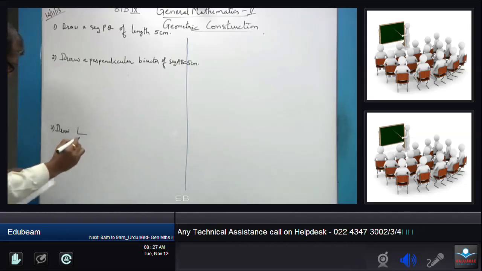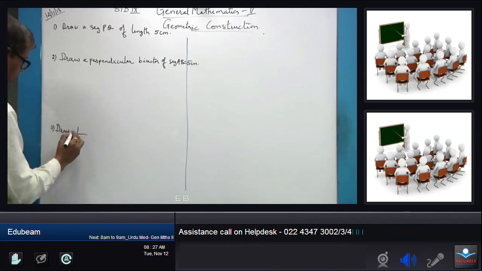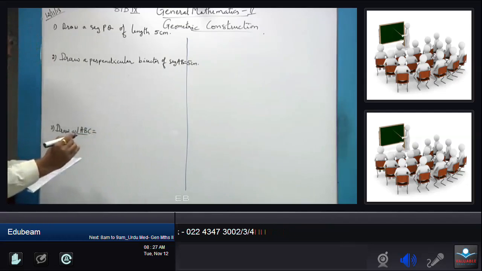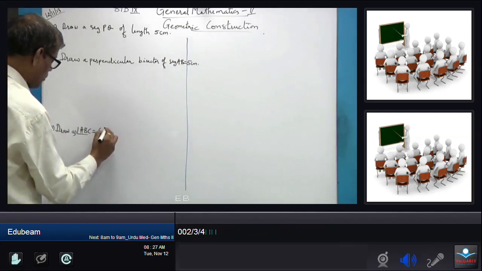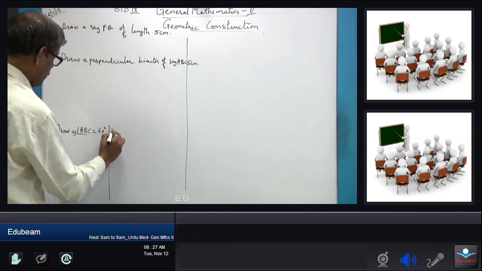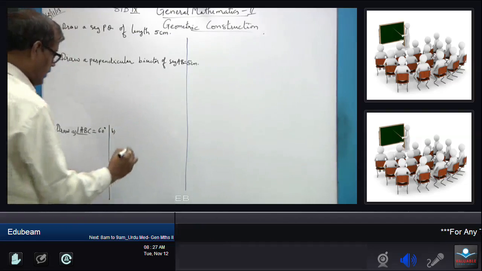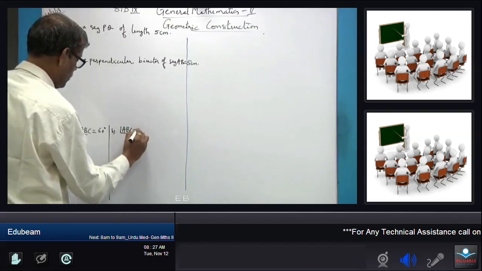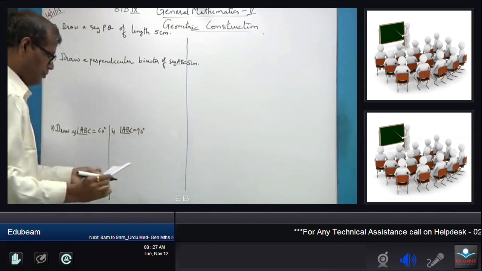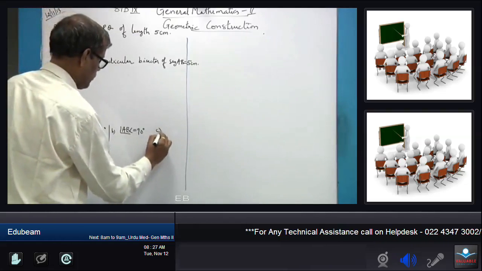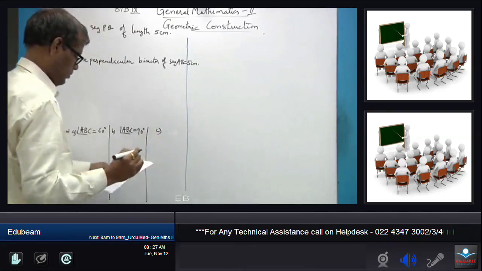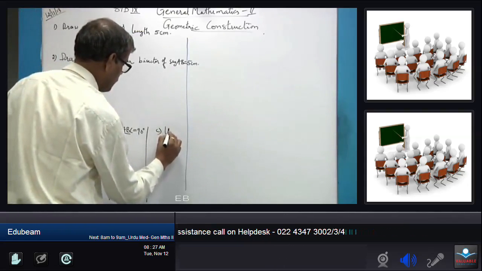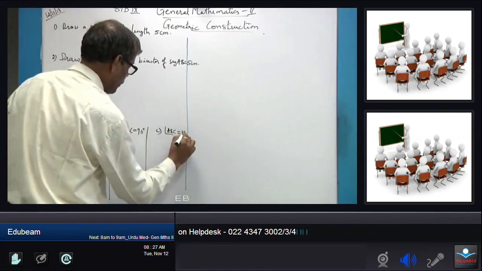Draw angle ABC equal to 60 degree. Angle ABC equal to 90 degree. Angle ABC is equal to 120 degree.